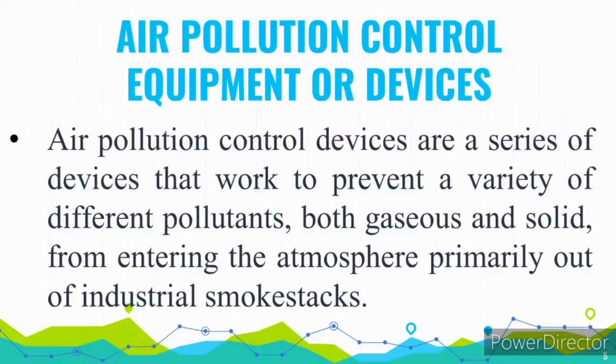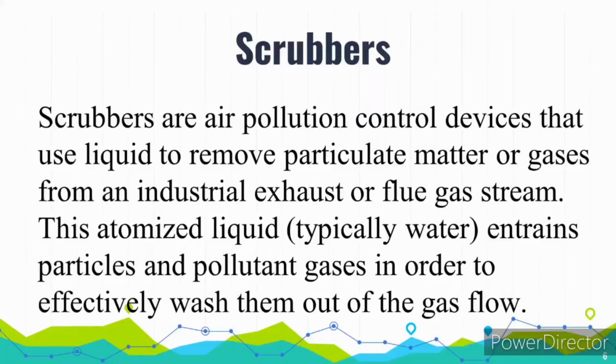So what are air pollution control equipment or devices? Air pollution control devices are a series of devices that work to prevent a variety of different pollutants, both gaseous and solid, from entering the atmosphere, primarily out of industrial smokestacks. First is scrubbers.